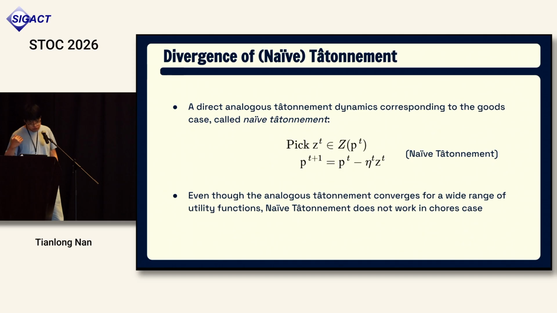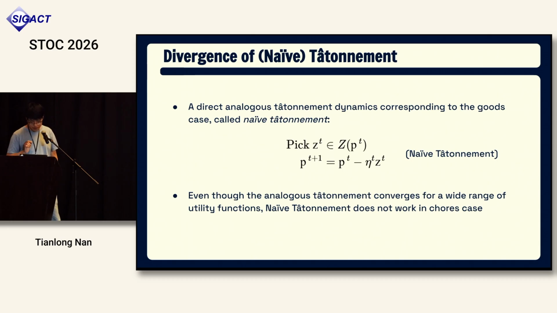In contrast, in the chores case, if you want to make a chore more attractive, you need to increase the payment. So intuitively, a very direct way to get some tâtonnement dynamic is just to flip the sign of the excess demand.